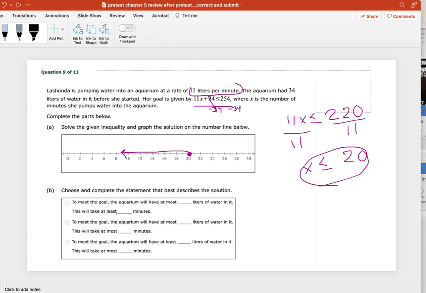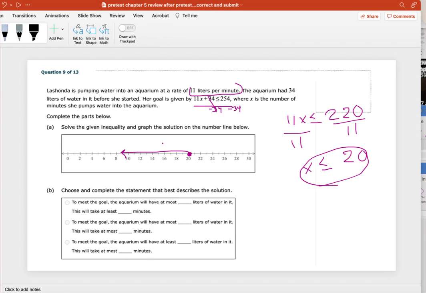Okay, it says to meet the goal, the aquarium will have at most blank liters of water in it. This will take at least blank minutes. To meet the goal, the aquarium will have at most blank liters of water in it, and this will take at most blank minutes. To meet the goal, the aquarium will have at least blank liters of water in it. This will take at most blank minutes.